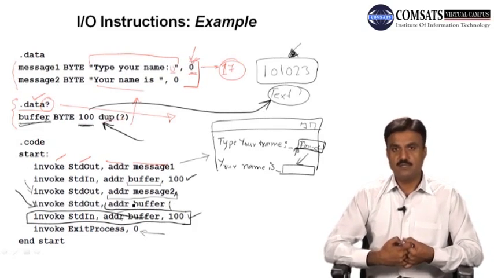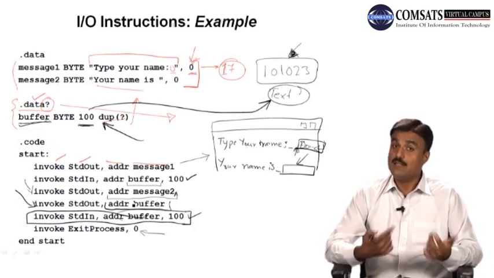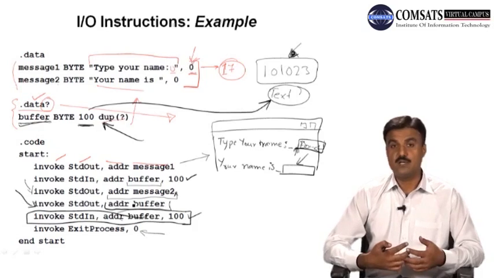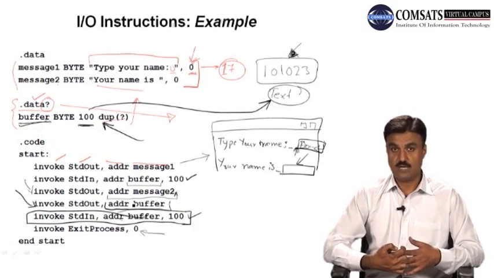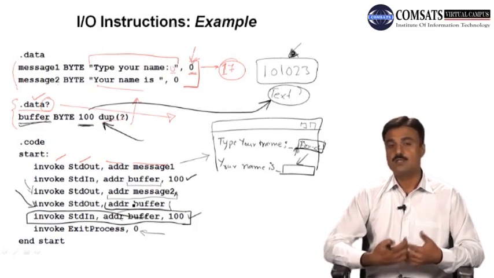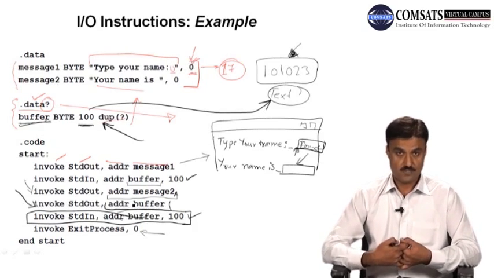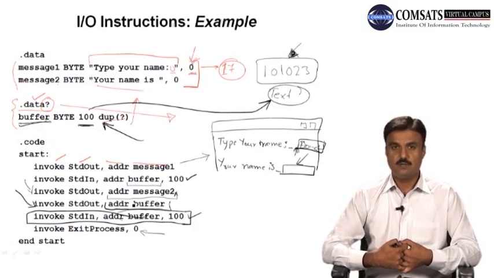Now by using these instructions, and in future there are many other instructions that we can use, like the print instruction and so on. So this is the starting point. You can explore, there are many other instructions used for input and output.